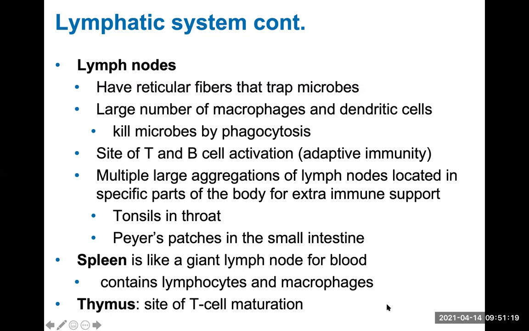So the tonsils are giving you an extra amount of protection at what you can think of as a weak point, right? A point of the body that's going to come into contact with a lot of pathogens.